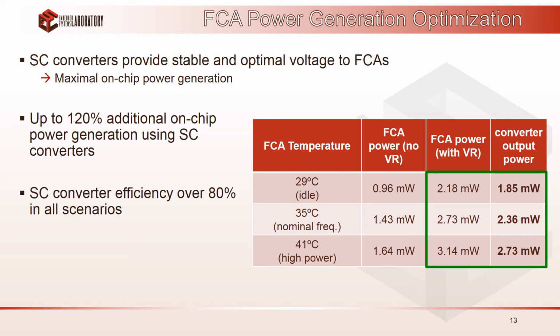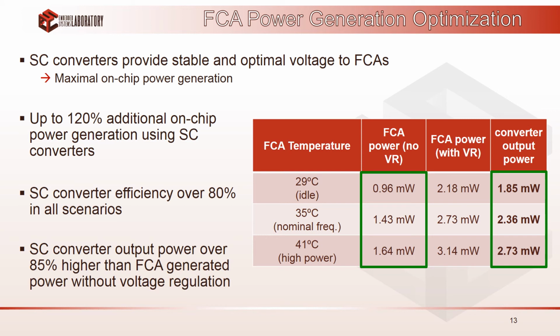In all the output load scenarios, namely the cores being idle, in nominal frequency or in maximal power, the converter efficiency remains higher than 80% as shown in this table. And finally, the output power of the converter is over 85% higher than the output power of the FCAs when no switched capacitor converter is used.